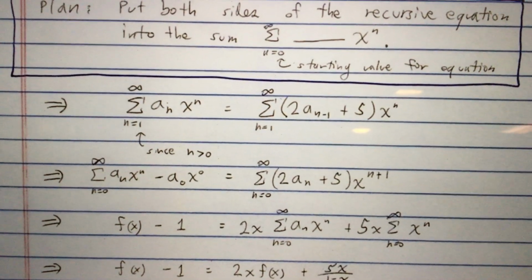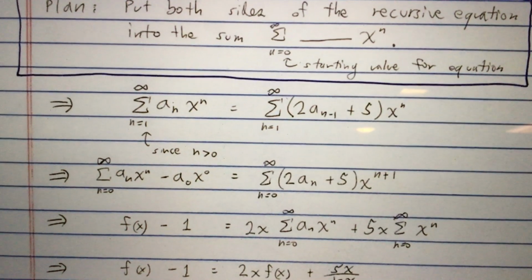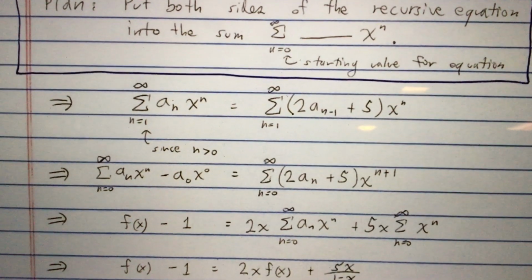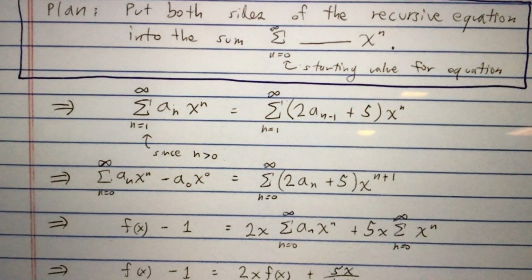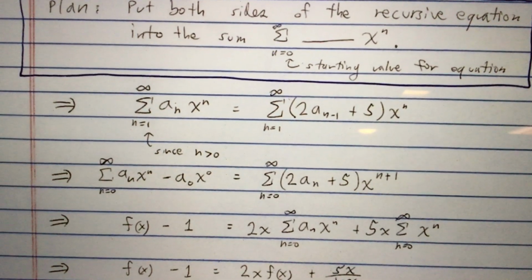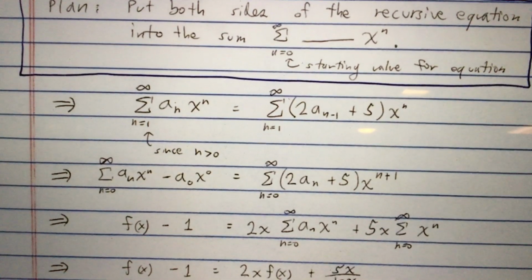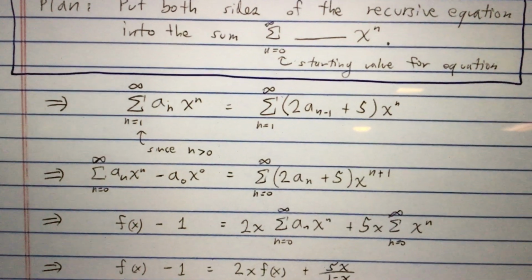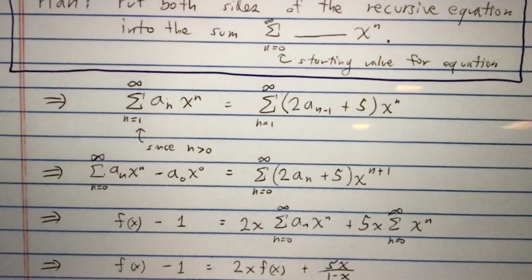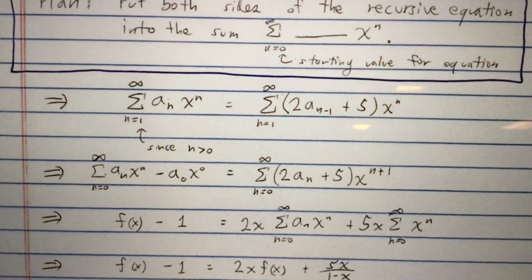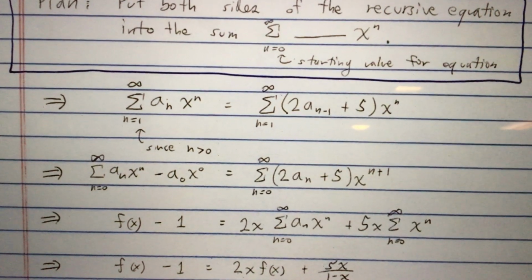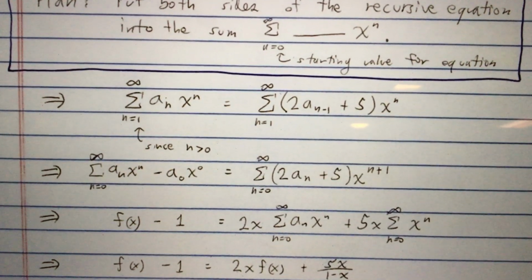So I didn't make a mistake. All right, now third line, on the left-hand side, I see something that I recognize. It's f of x. It's the generating function, Maclaurin form power series for f of x. Another thing that I recognize is x to the 0, which is 1, and a sub 0, which was one of our givens. So that's 1 times 1 equals 1.